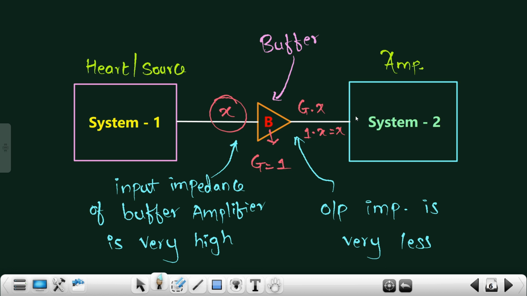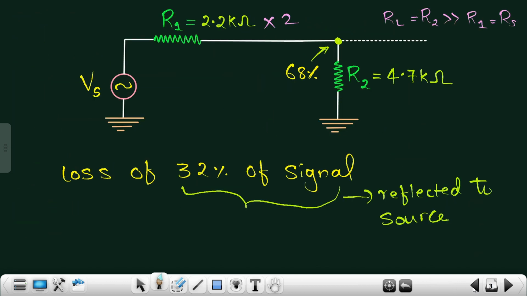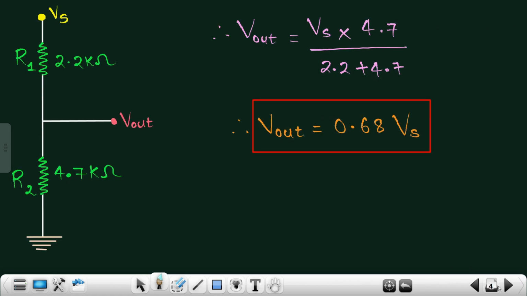I know you don't understand it properly because we have not dealt with the buffer amplifier in a detailed way, but at least you got a brief idea of what exactly a buffer amplifier is. So let me just repeat what we had done. I had considered values for R1 and R2, and when we applied the voltage divider rule, what we got was my V out.